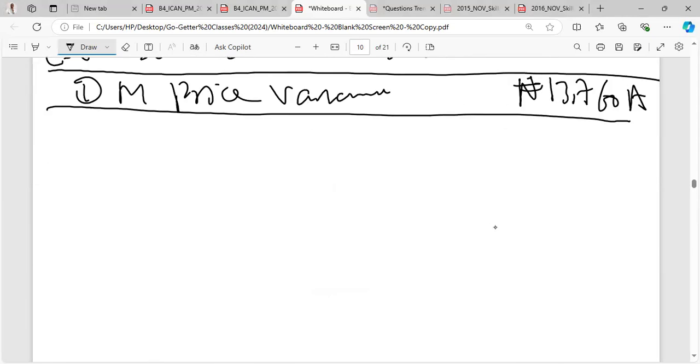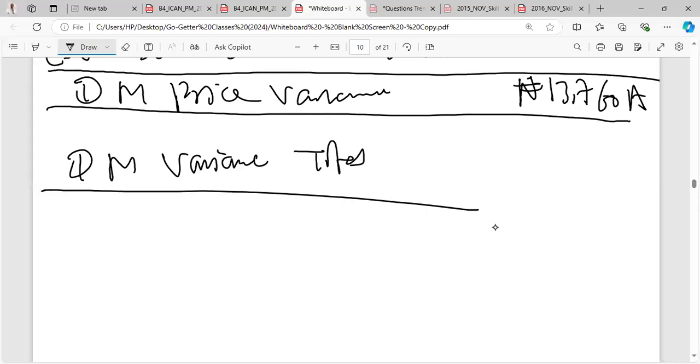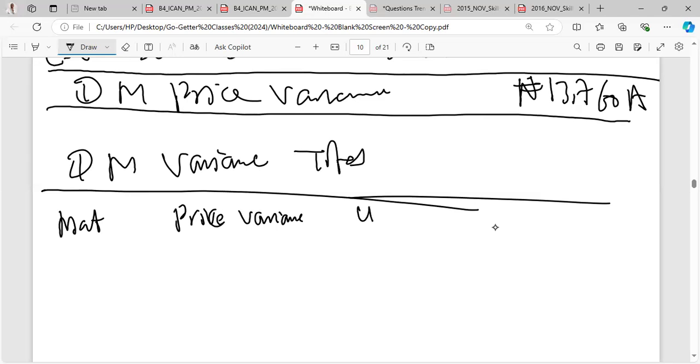If you want to do the direct material total variance, you will now come here and say material, price variance, usage variance, total variance.